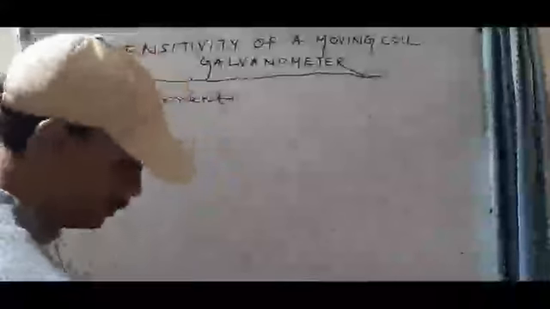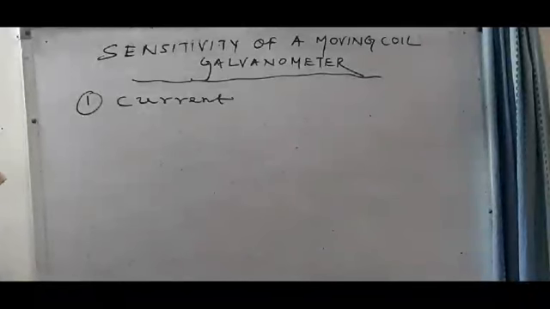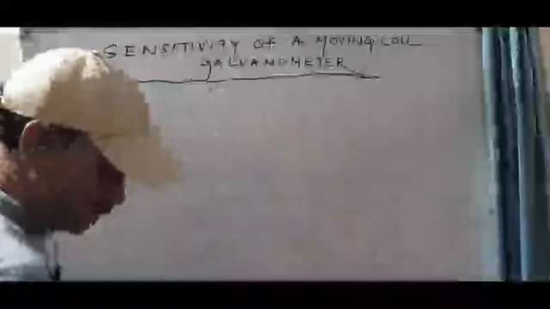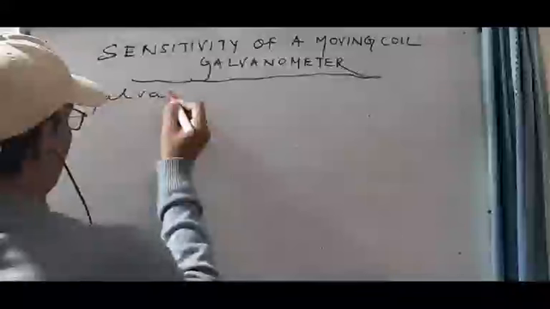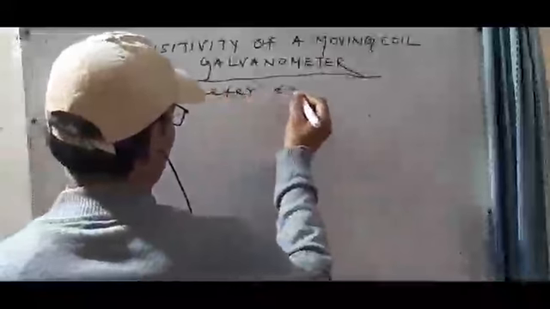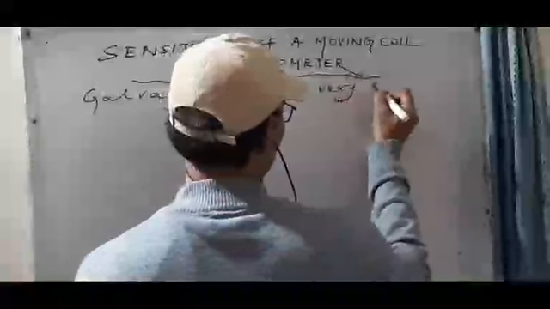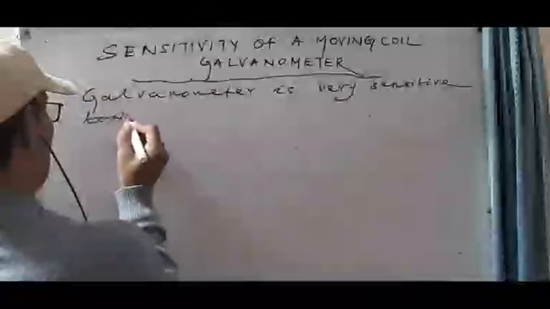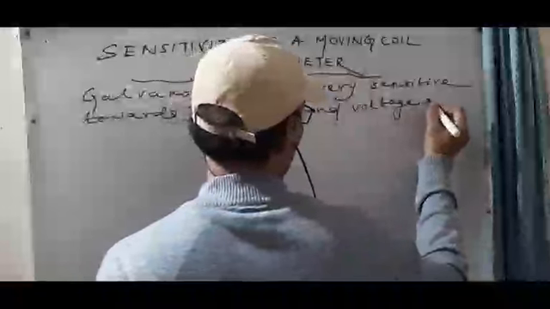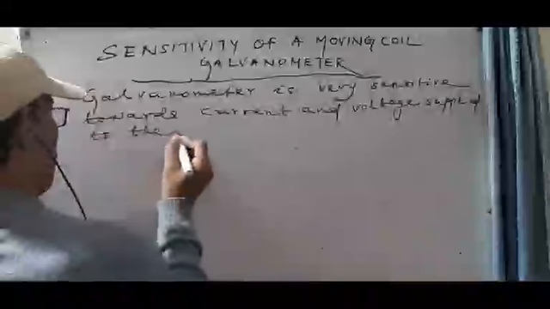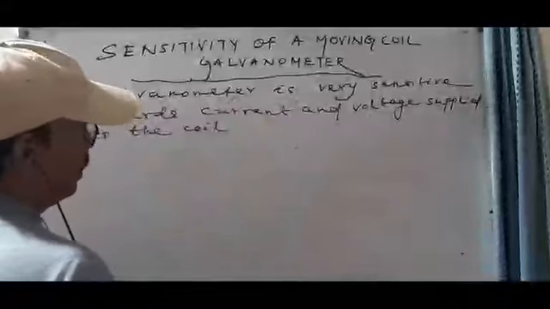Okay, so before this, we must say that the galvanometer is very sensitive towards current and voltage supplied to the coil.